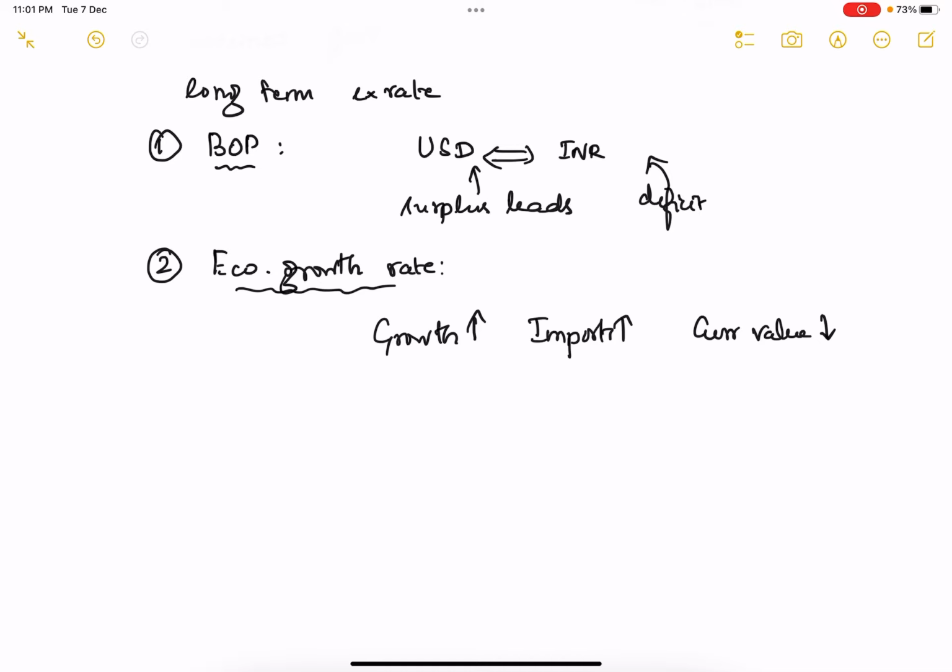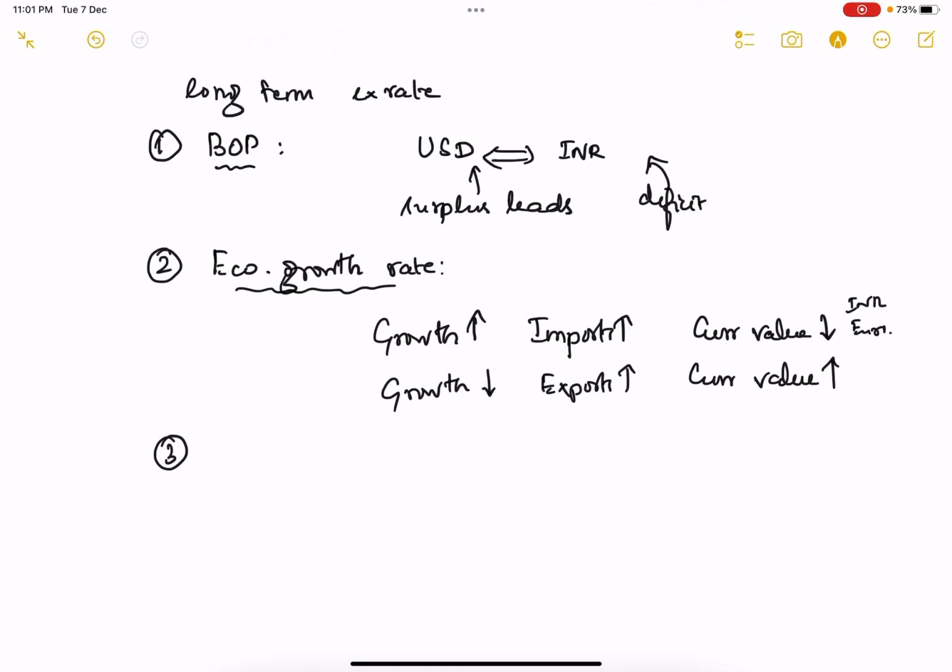Thereby the currency against which it is quoted, suppose INR or Euro, that currency value will fall. And vice versa: when growth rate is less, exports will be raised and the currency value will increase. So this is known as economic growth rate.